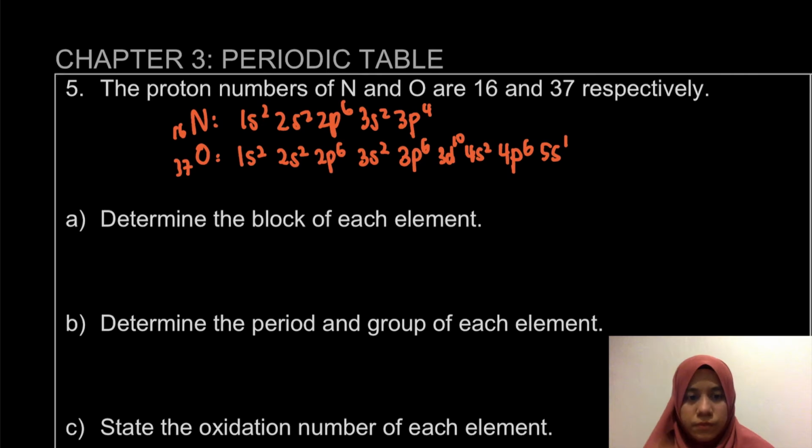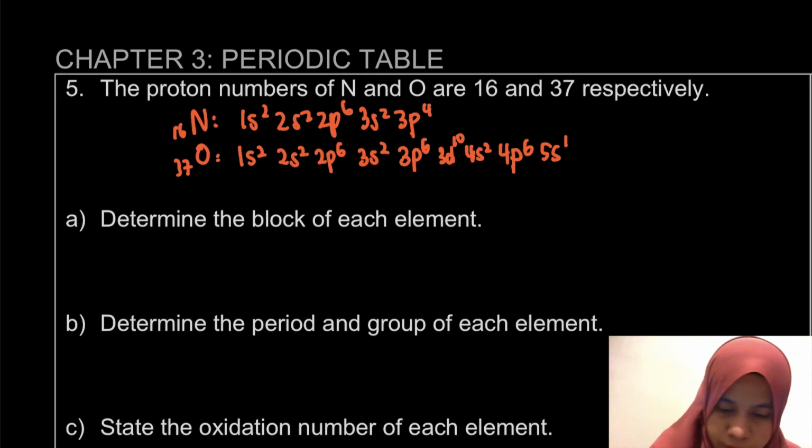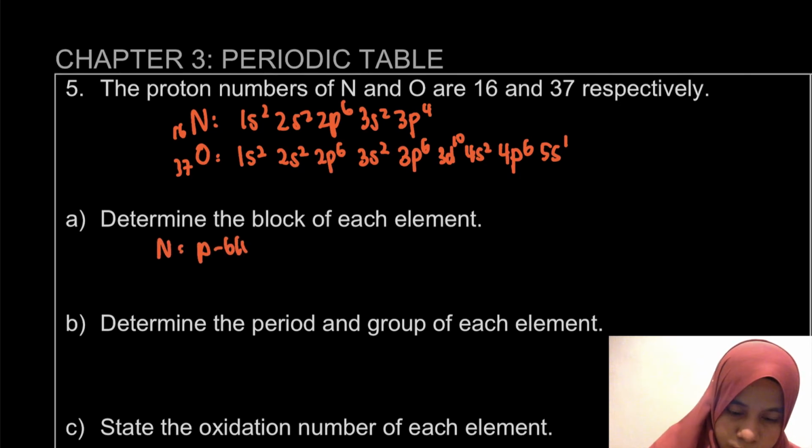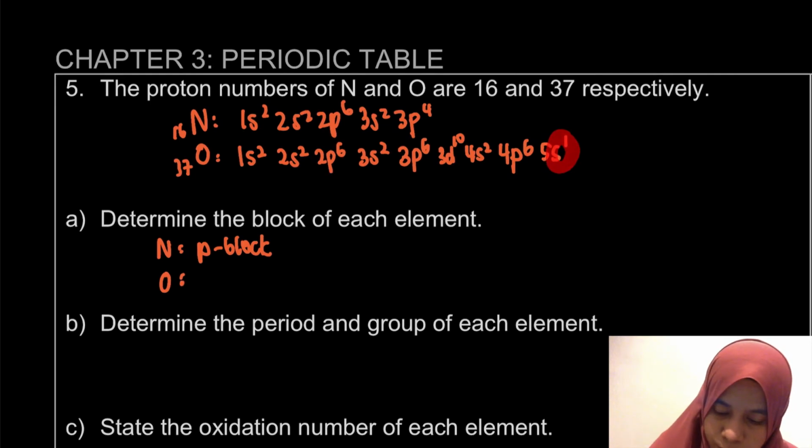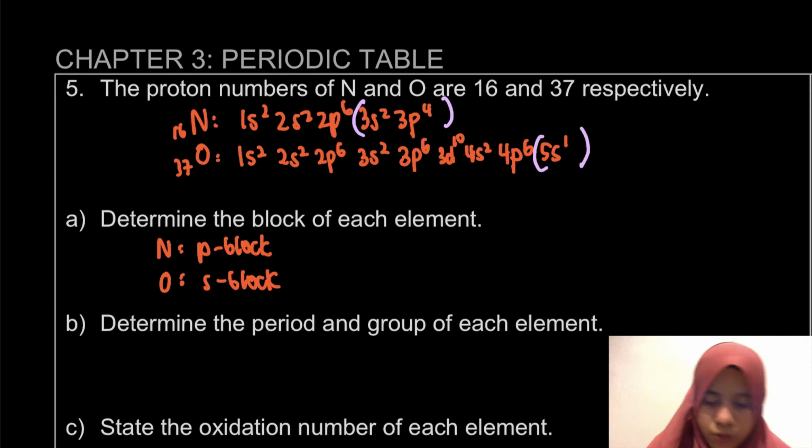Okay. Determine the block of each element. So, kalau N ni, N is actually P block. Okay, O ni, tengoklah. Here is actually our S block. S block. So, this one. Okay. So, determine N period and group. N ni, period 4.